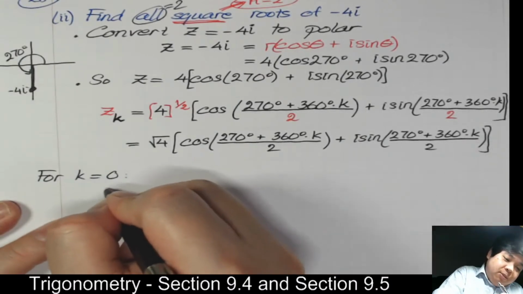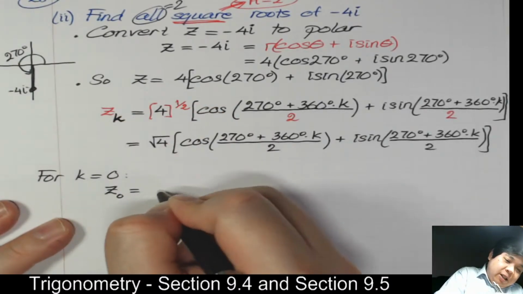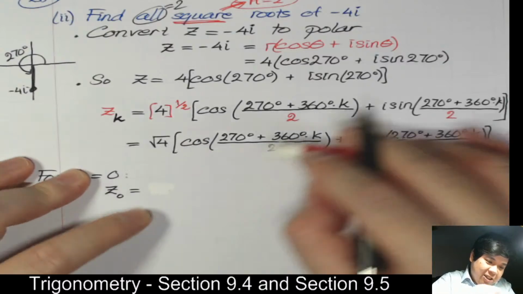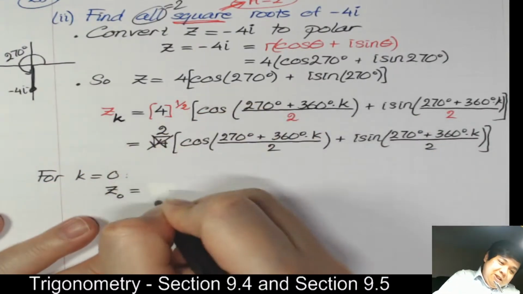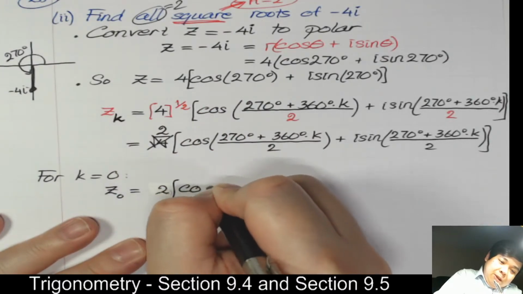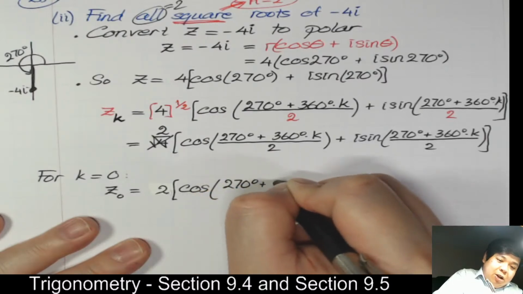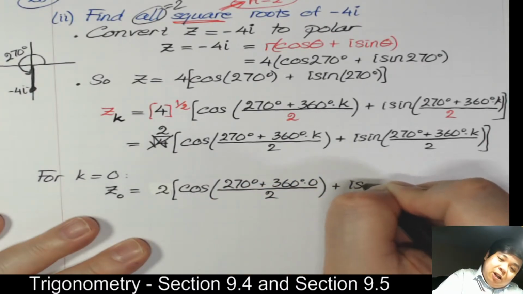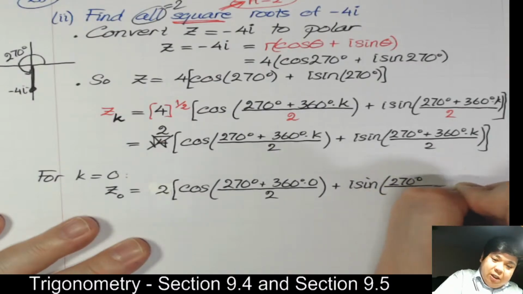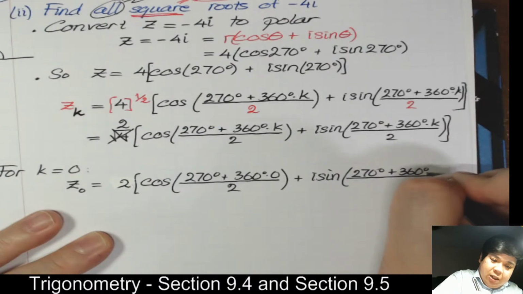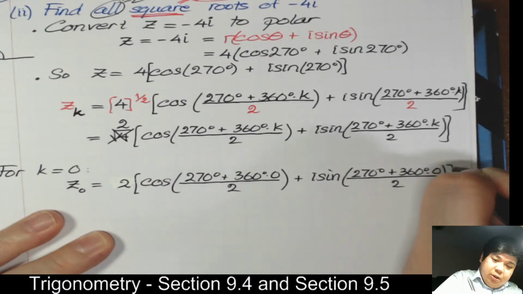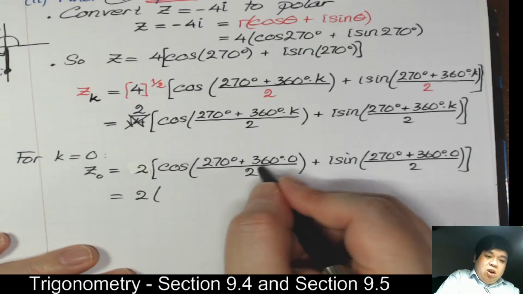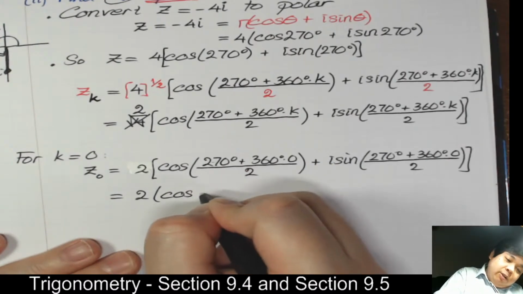So there are 2 square roots of negative 4i. We'll write out z sub 0 because k is 0: square root of 4, which is 2, cosine of 270 degrees plus 360 times 0 divided by 2, plus i sine of 270 degrees plus 360 times 0 divided by 2. 270 divided by 2 is 135 degrees.